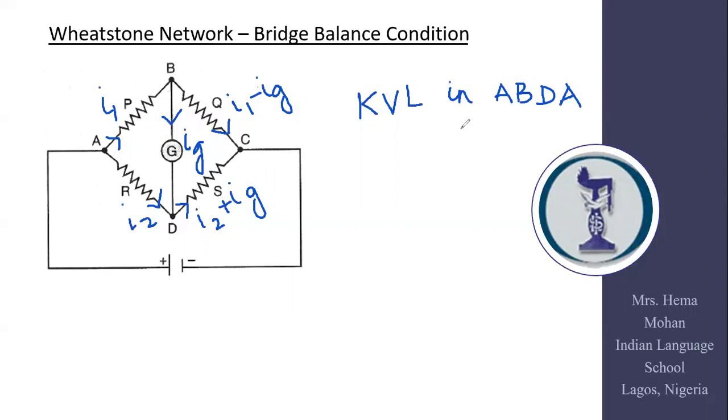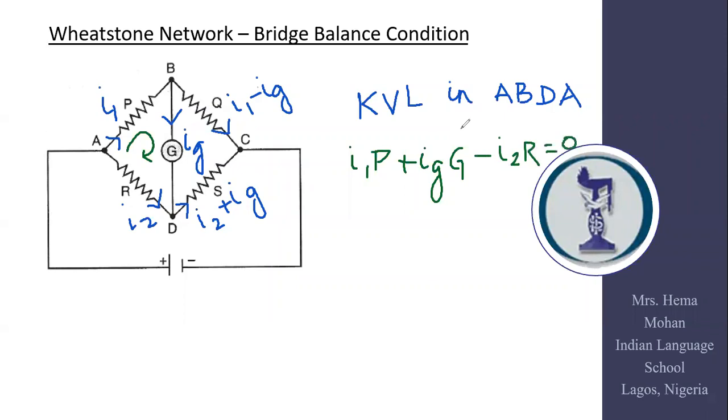So what am I going to write over here? If I consider the loop A, B, D, A, that means in the clockwise direction, I'm going to say I1P because I1 is in the direction of the loop, plus IgG because G is the resistance of the galvanometer, minus I2R is equal to 0.